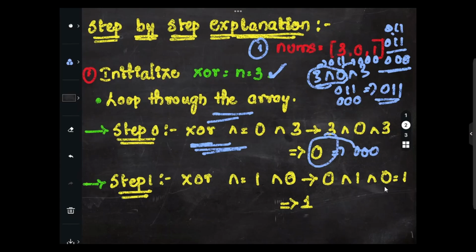Let's move on with the second one here. I'm speaking of this one, 010, this one. So 0 XOR 1 we have.